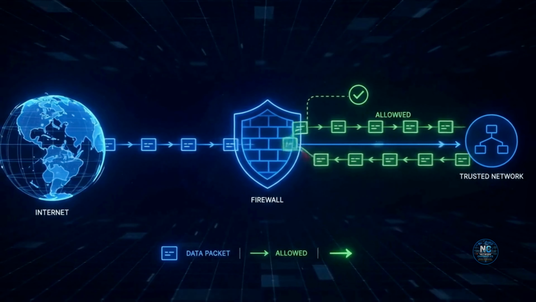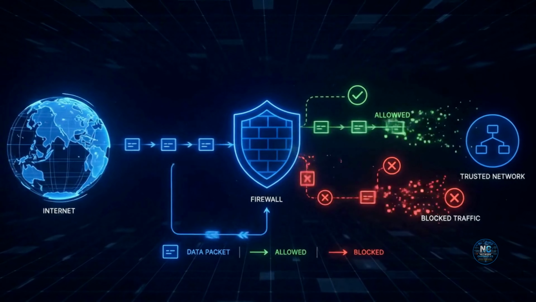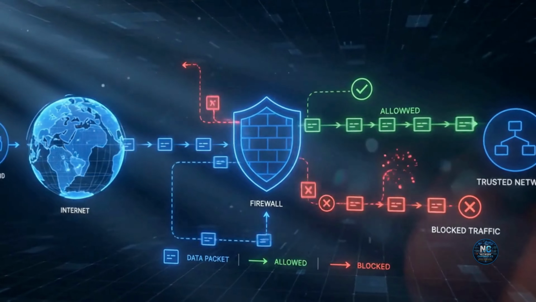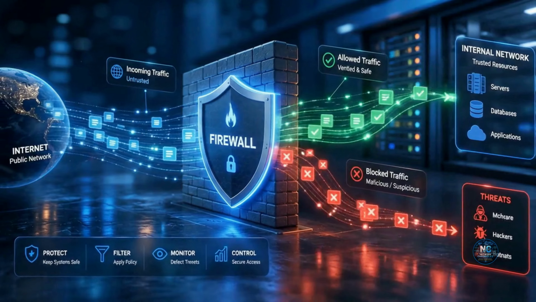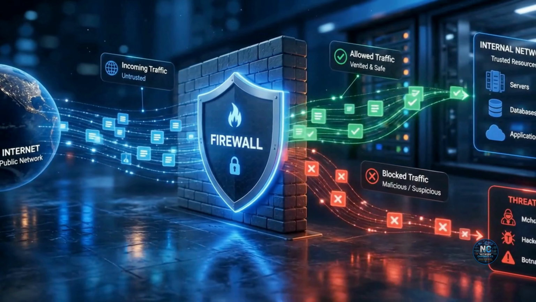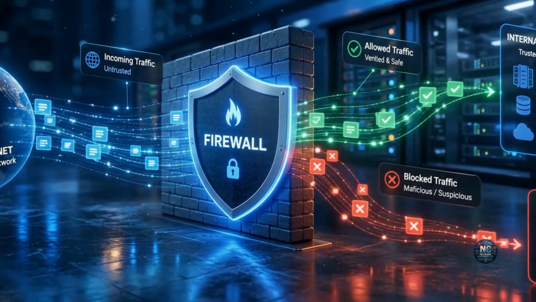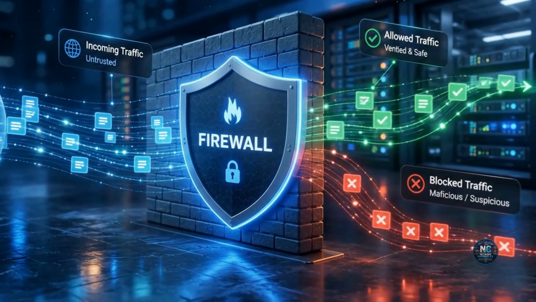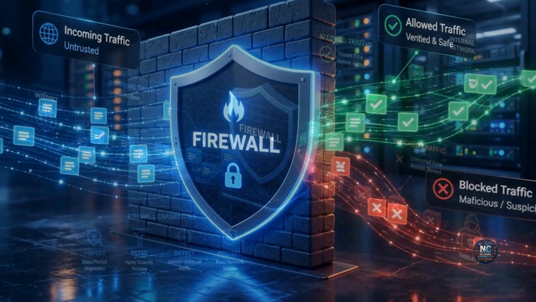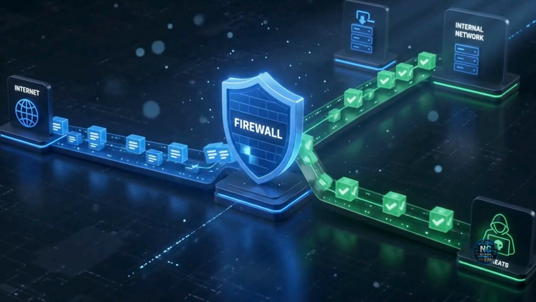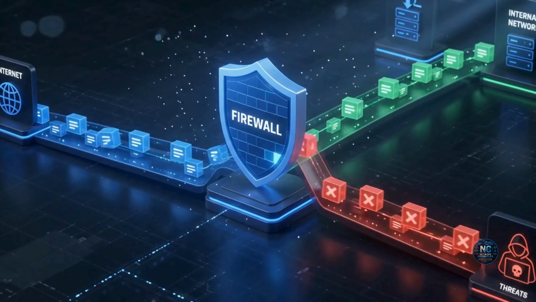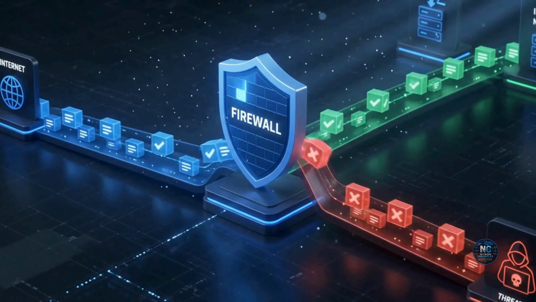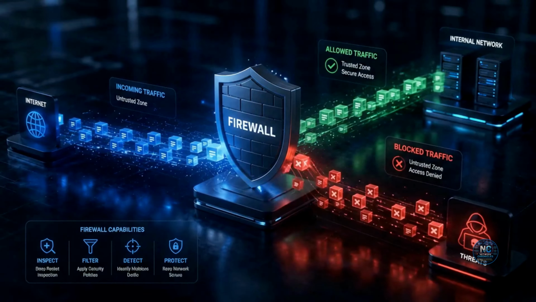So far, every device we've covered has one goal: get data where it needs to go as efficiently as possible. The firewall exists for the opposite reason, to stop data that shouldn't be allowed through at all. A firewall inspects traffic entering and leaving a network and makes a decision, traffic by traffic. Allow it or block it. That decision is based on a set of rules: which ports are open, which sources are trusted, which types of traffic are permitted.